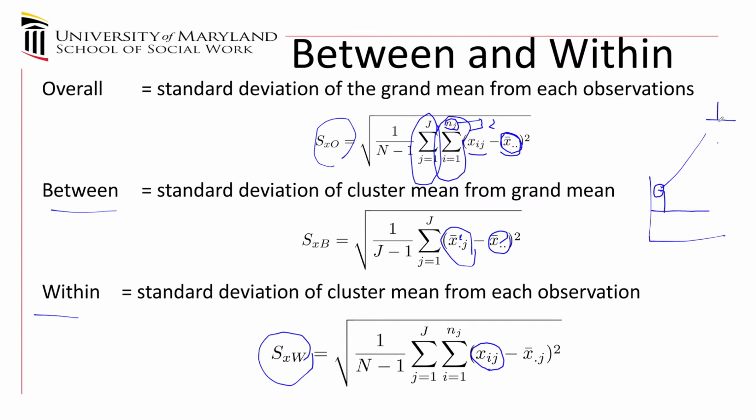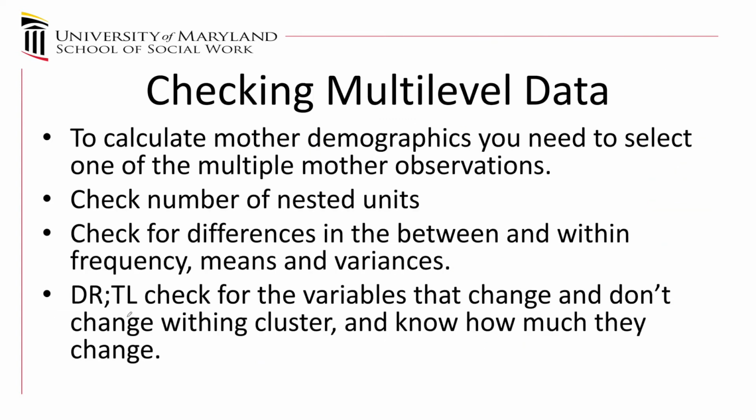These differences are our epsilons, the variation from these points around the mother means. We just talked about that up here. Then, working over all the mothers, we take all of that, and that is the within variance. So again, we've split the variance into the between and the within component.